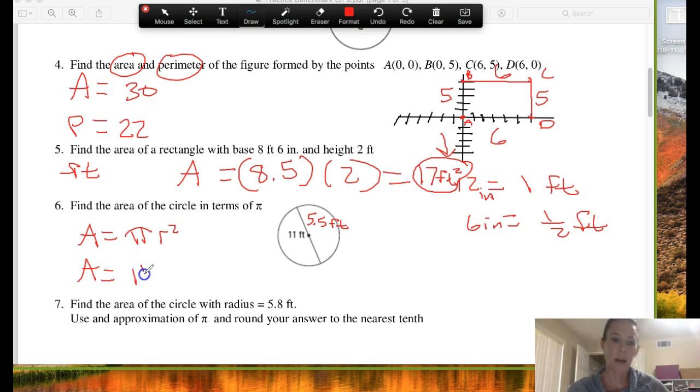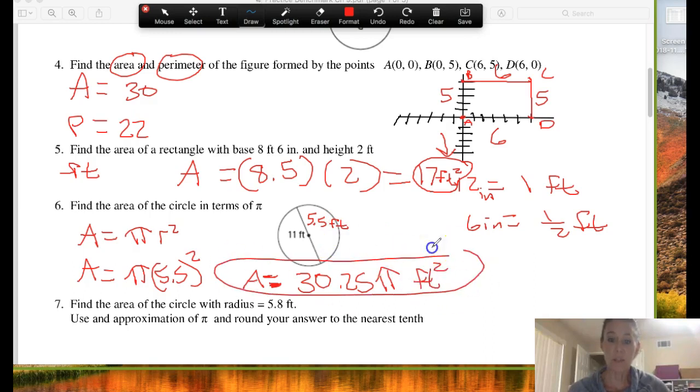Area is pi times 5.5 feet squared. 5.5 times 5.5 is 30.25. So the area here should be 30.25 pi, and that is feet squared.